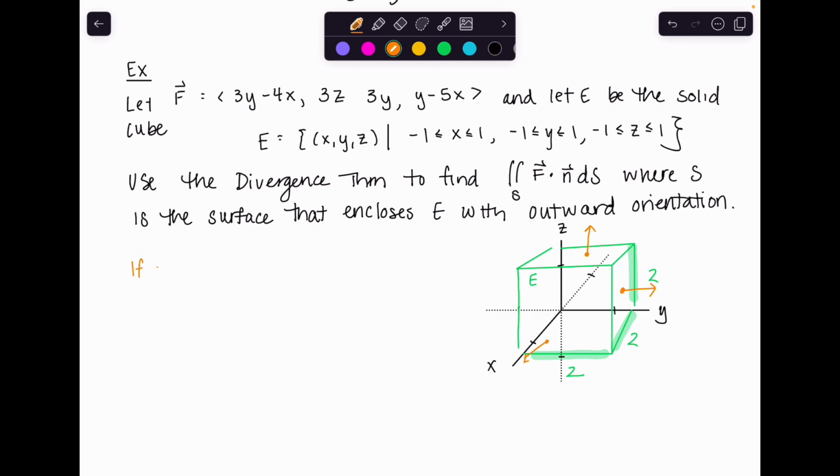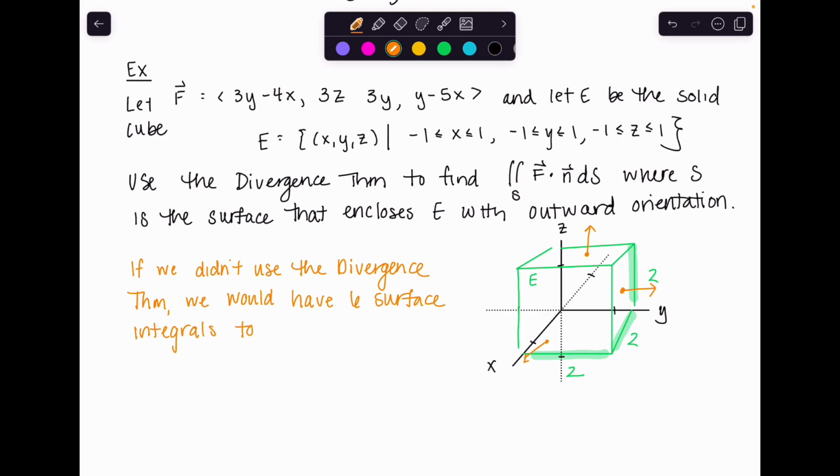So if we didn't use the divergence theorem, we would have 6 surface integrals to evaluate. But instead, I can just do a single triple integral.